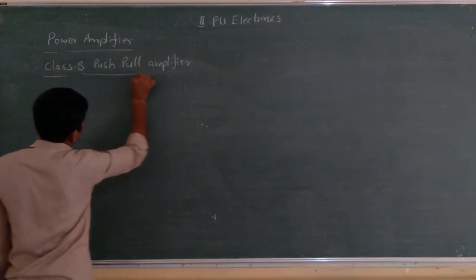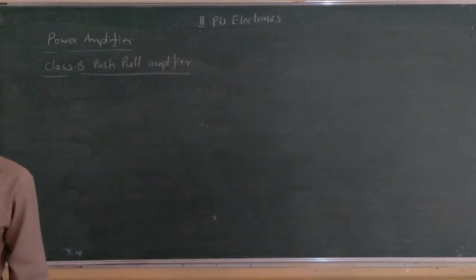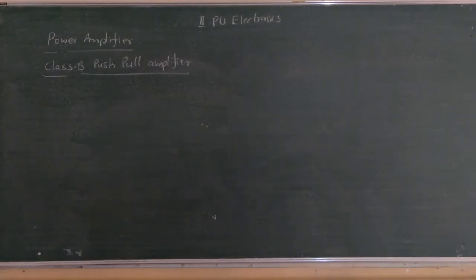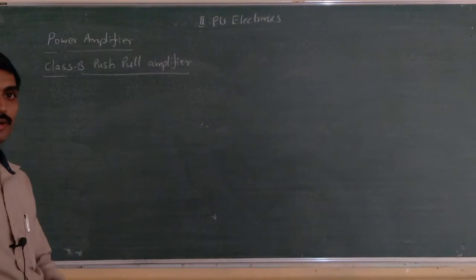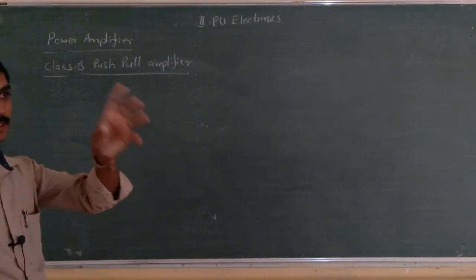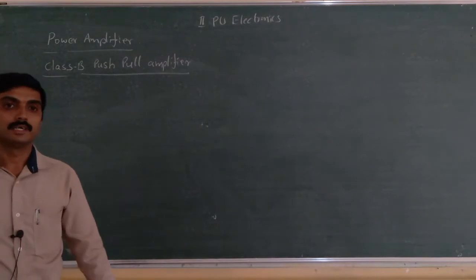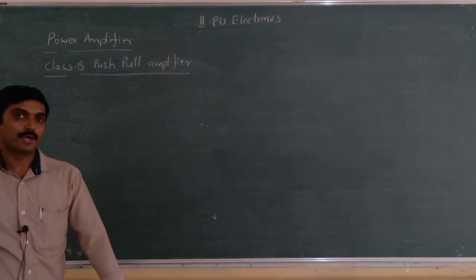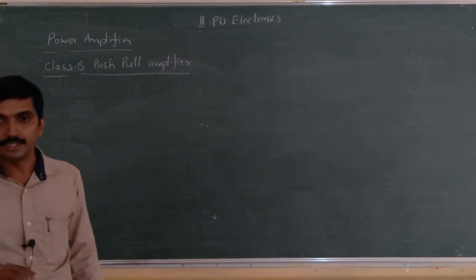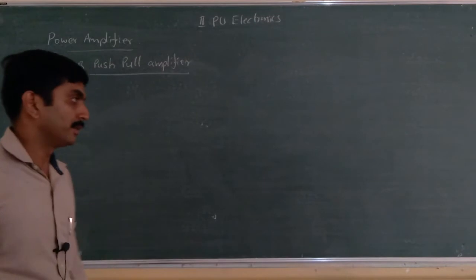This amplifier is mainly used in speaker circuits, at the stage of the speaker circuit. A Class B amplifier has an efficiency of 70 to 80%, and the Q point is located at the cutoff region. It conducts only one half cycle, the positive half cycle.